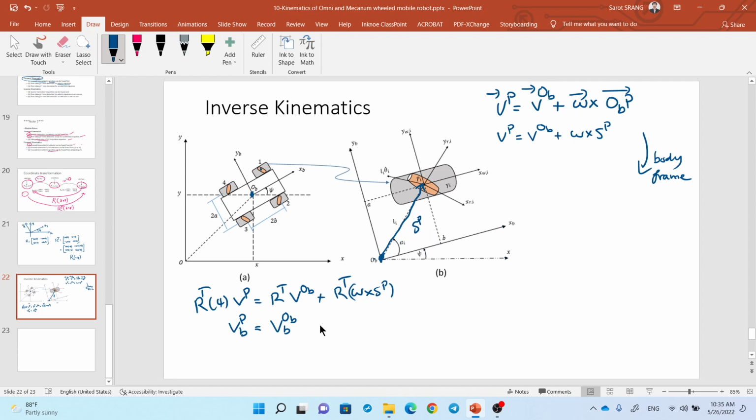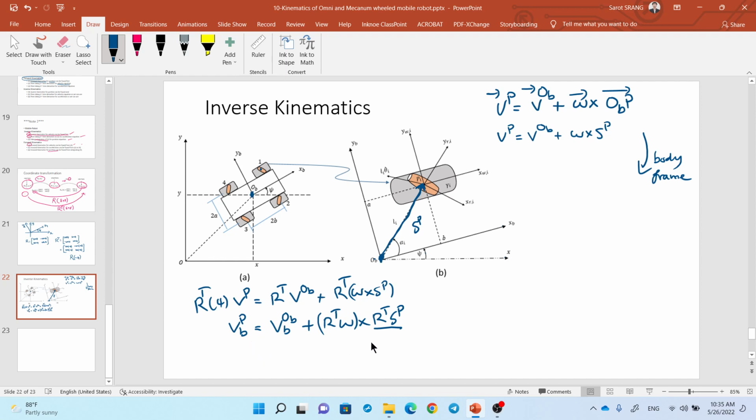Okay. So then I apply this rotation matrix to omega cross S, this vector that before we measured on the global frame, but now we apply this rotation matrix to transform into the body frame, right?